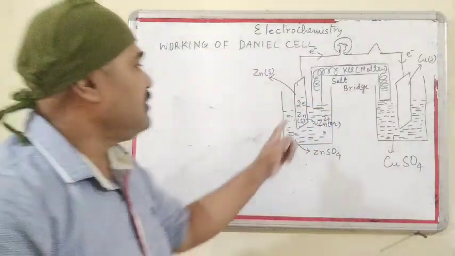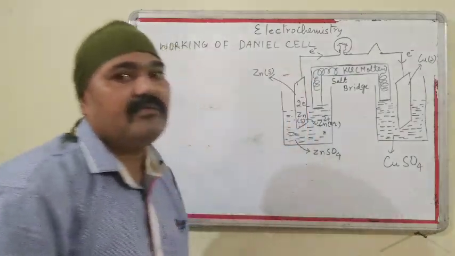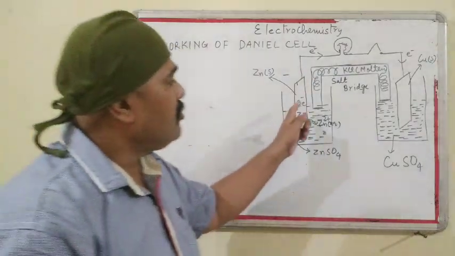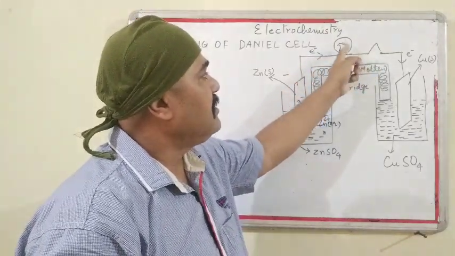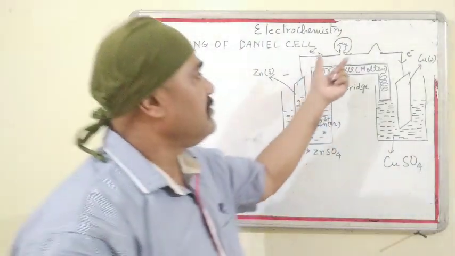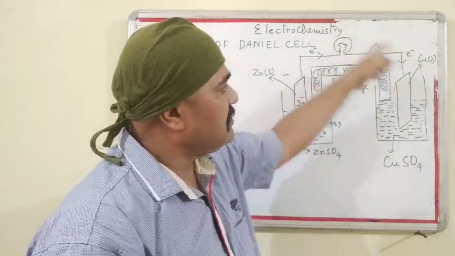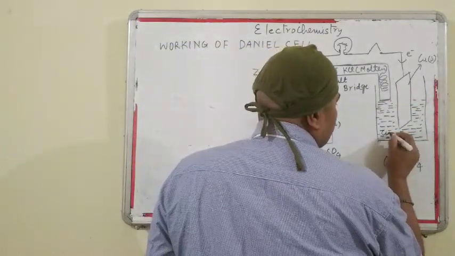These electrons make this terminal negative. Now these electrons flow through here and this bulb sparks. When these electrons reach here, what happens?